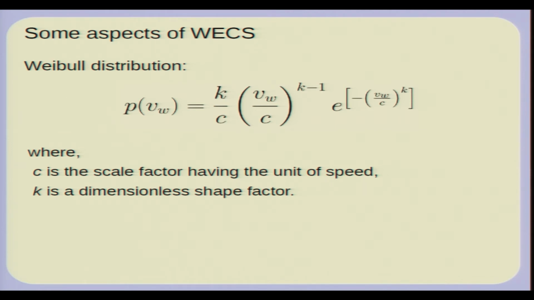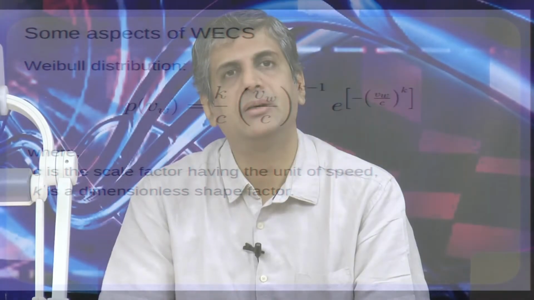It has two parameters, k and c, where c is called a scale factor and k is a dimensionless shape factor. So, if I give you these two parameters and the wind speed, this probability density function usually can characterize the wind speed distribution.